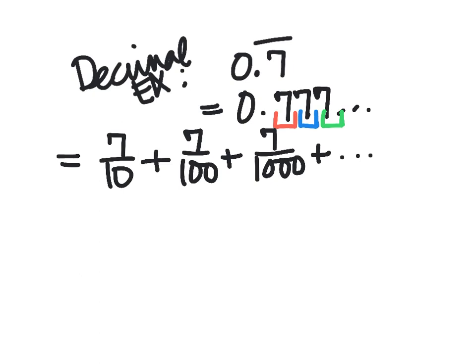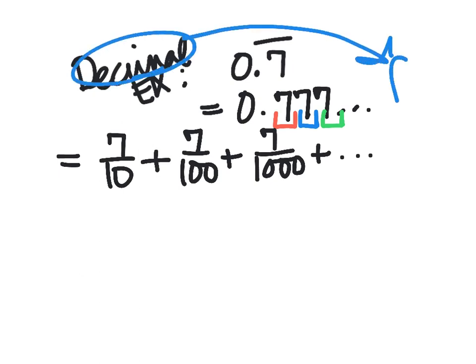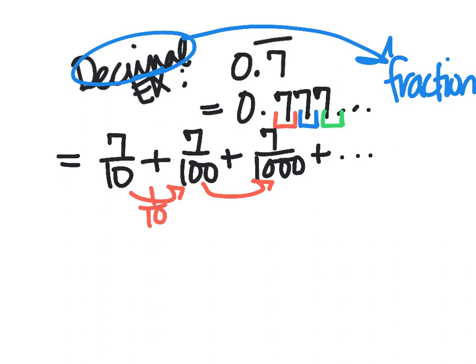Now, if we want to switch from what we're talking about in terms of a decimal and rewrite this as a fraction, what we really need to do is sum together 7/10 plus 7/100 plus 7/1,000 plus, etc. And one of the things we can notice is that as we're moving from addend to addend along this strip, we keep multiplying by a factor of 1/10.